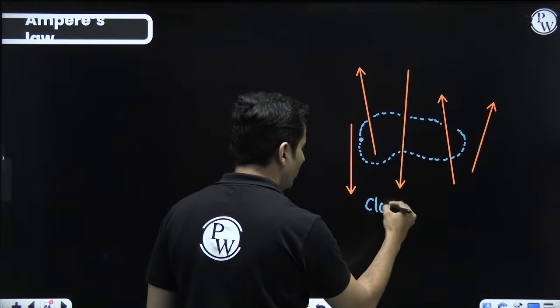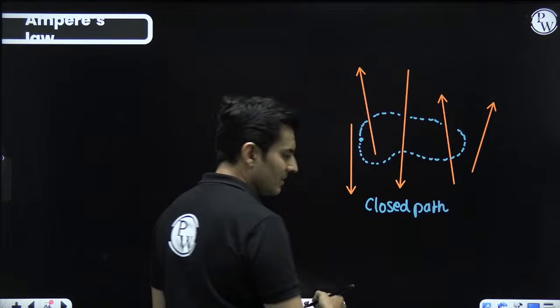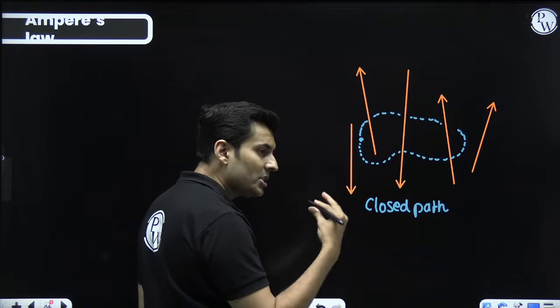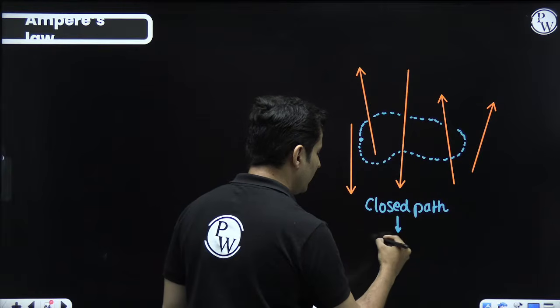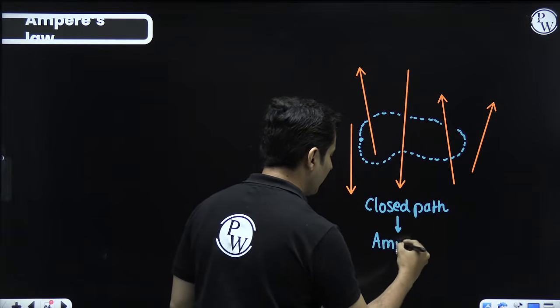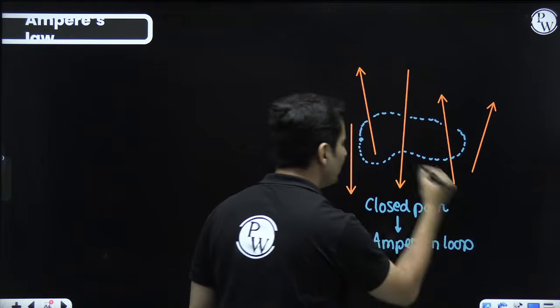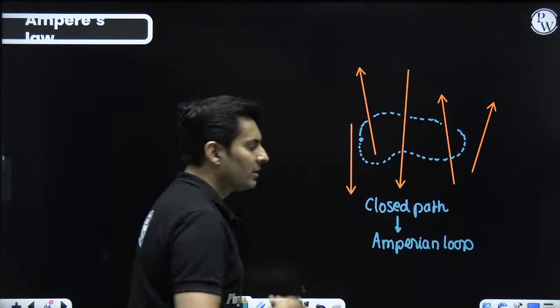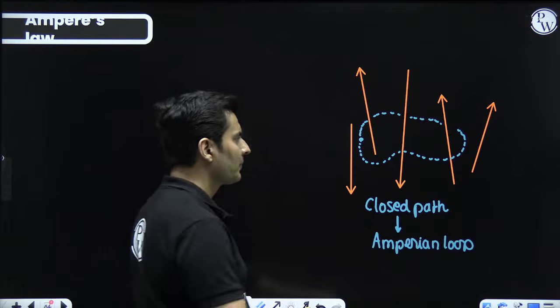That is a closed path. And just like we had closed surfaces which were called Gaussian surface, a closed path is also called an Amperian path or Amperian loop. It's a loop, you are coming back to the same point, that's why closed loop or Amperian path.